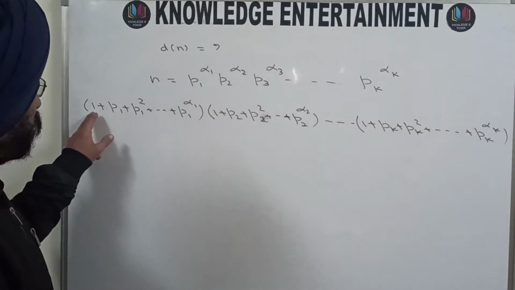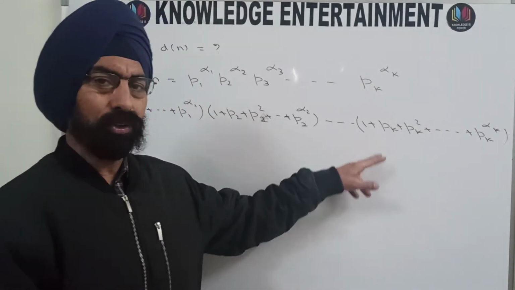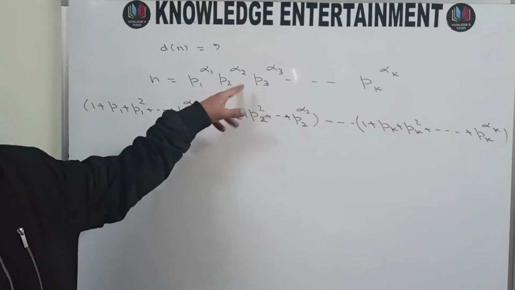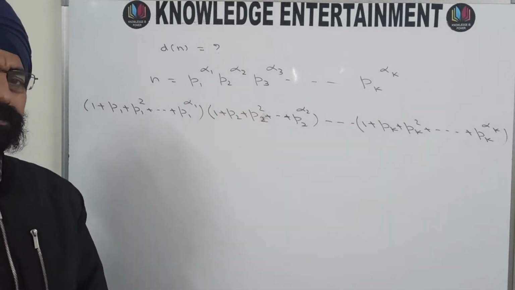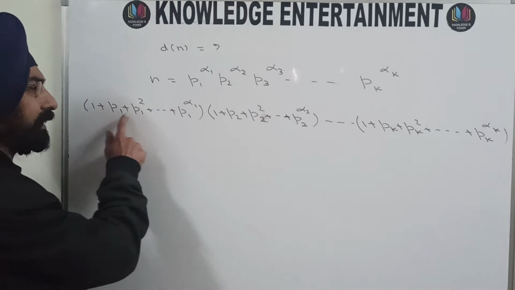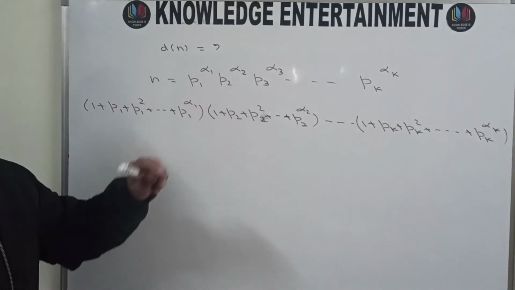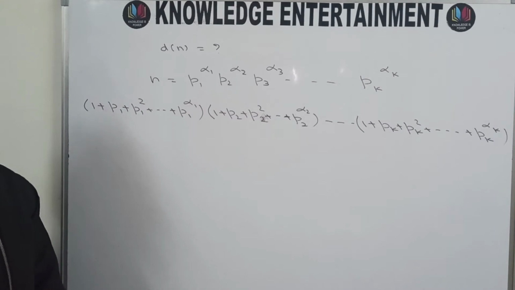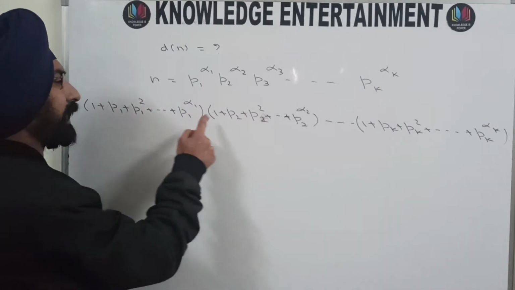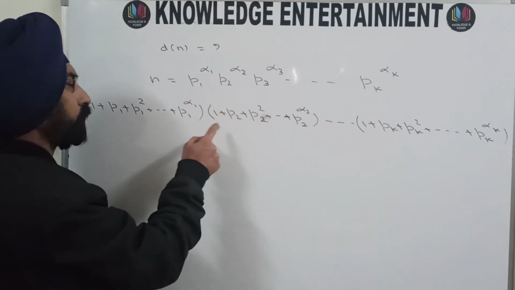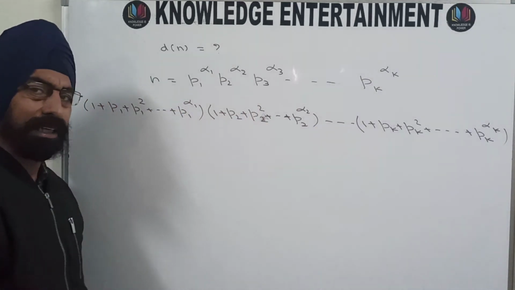When you multiply 1 by 1 by 1 and all 1s, you will get 1, and 1 is a divisor of this number because 1 is a divisor of every number. If you take p1 from here and 1, 1, 1 from all the rest of the brackets, you will get p1, and p1 is also a divisor of this number. Similarly, p1 square and all 1s is a divisor, p1 cube and all 1s is another divisor.